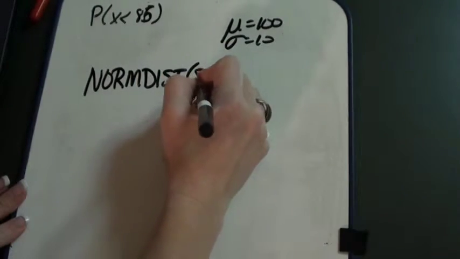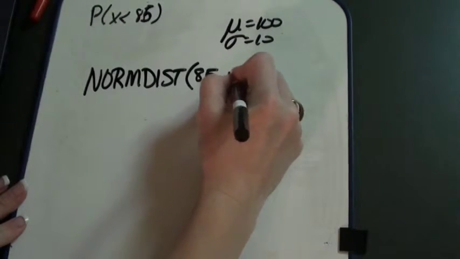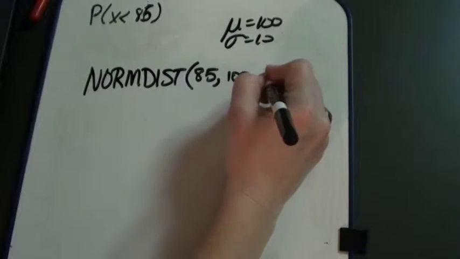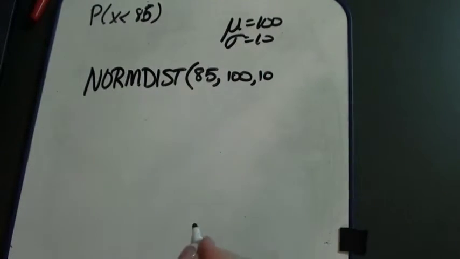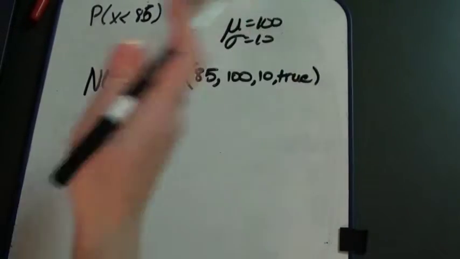Okay, so we would put 85 in here, comma, and then you put the mean, comma, and then you put the standard deviation. Okay, and then you write the word true, meaning you want to accumulate all of that probability.